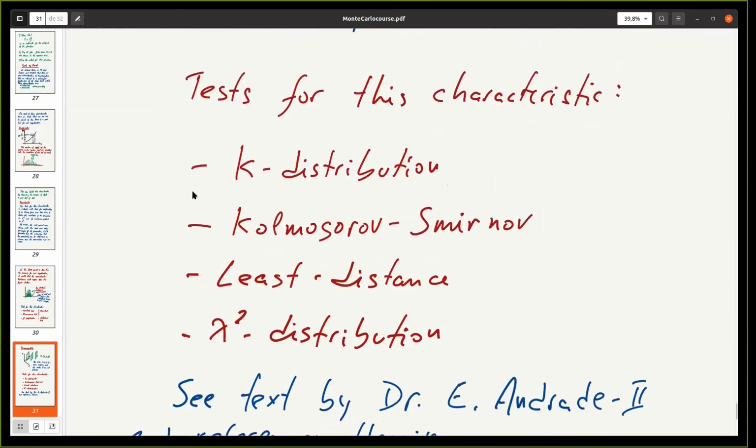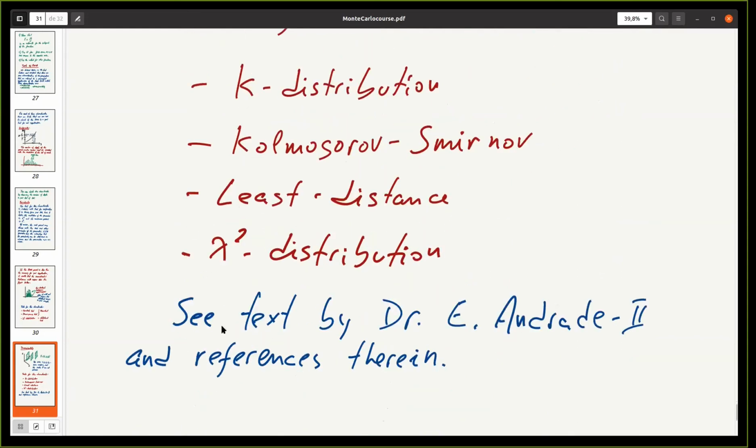And we have lots of tests for these characteristics as well. You can use the K-distribution or the Kolmogorov-Smirnov method, least distance, chi-square distribution. I uploaded a text by Dr. Evandro Andrade II from the University of Santa Cruz in Ilhéus, Bahia. You can look at it and the references therein.